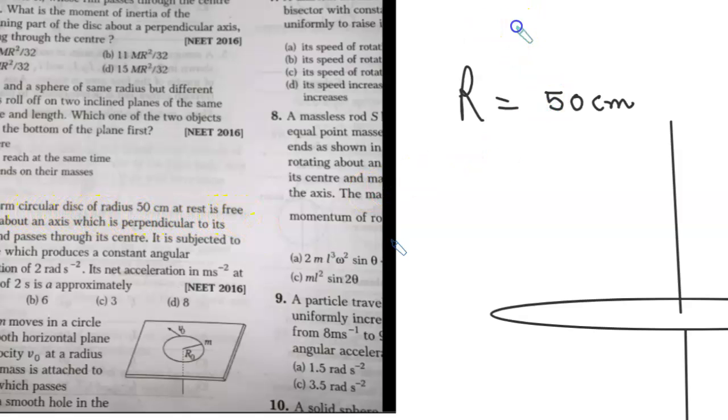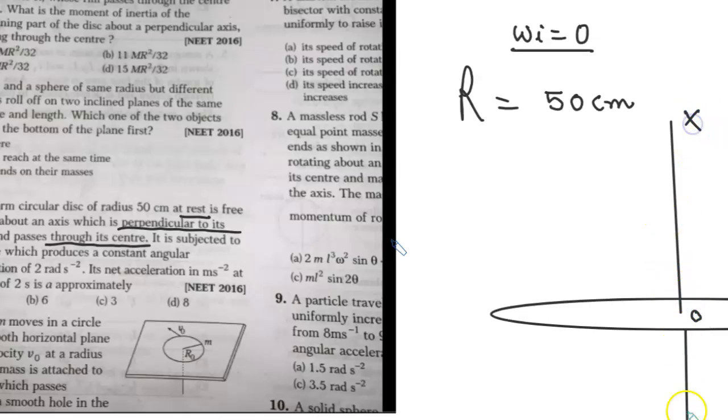Initially at rest means omega I is 0. It is free to rotate around an axis perpendicular to its plane passing through its center. O is your center.